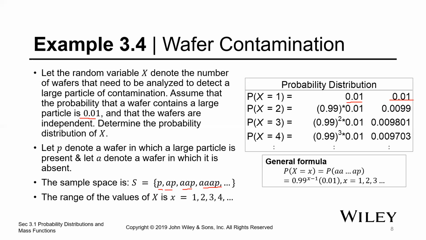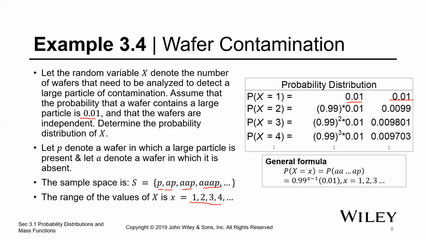So our values of x are 1, 2, 3, 4, up and up and up. In order to calculate it, you take your chance of a large particle, 0.01, times the probability that there isn't. And as you have more wafers, you just add another 0.99 to make it bigger.